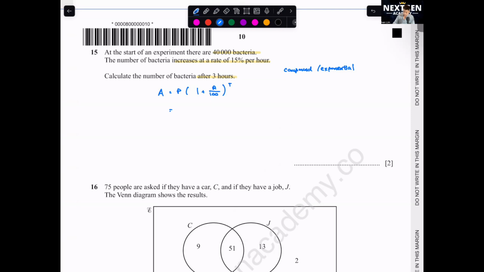P is 40,000, 1 plus 15 over 100 to the power of 3. So here will be 1.15 to the power of 3. Why not use the calculator for this? 40,000 times 1.15 to the power 3. You get a nice value, 60835.